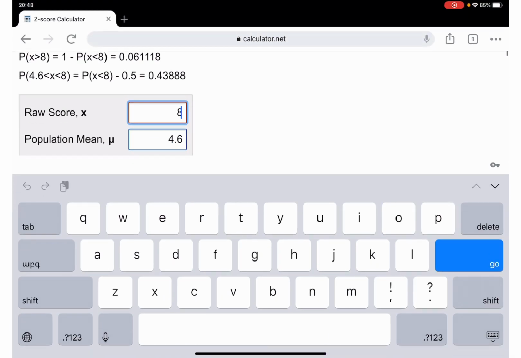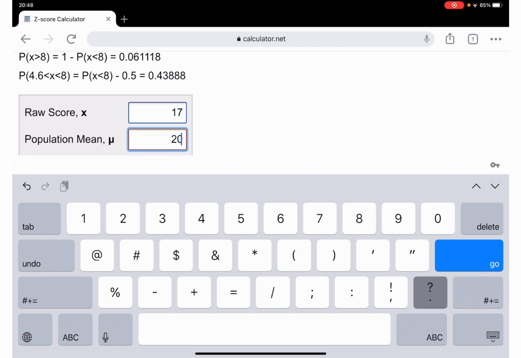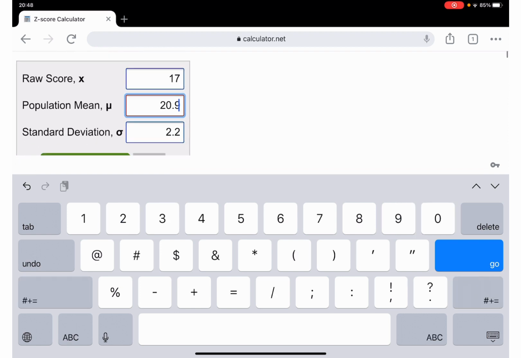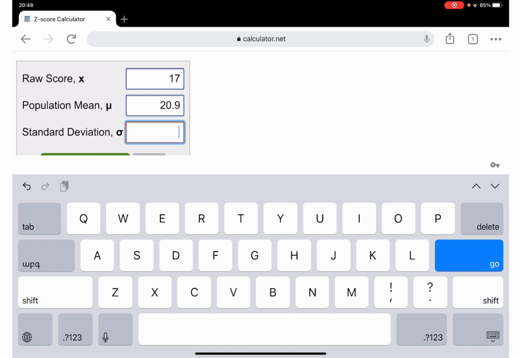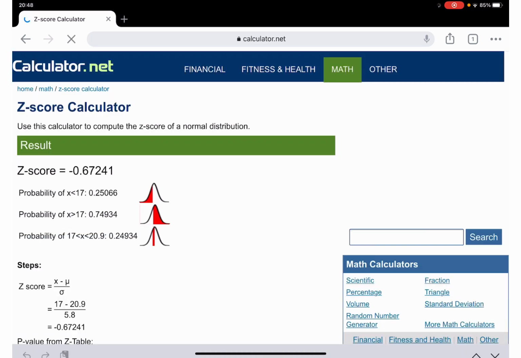So x is 17. Mean is 20.9. And standard deviation is 5.8. Okay.